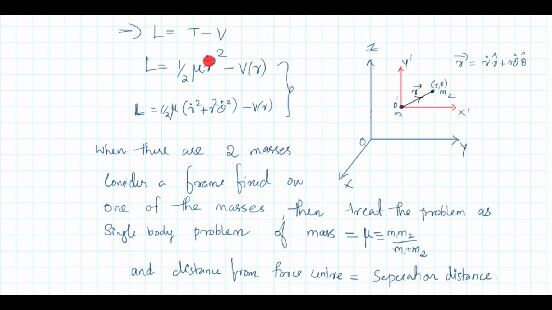Suppose you consider a frame which is fixed on any one of these masses. You have two masses, and you take a frame fixed on one of them. Then the separation vector will be the position vector of the second particle.